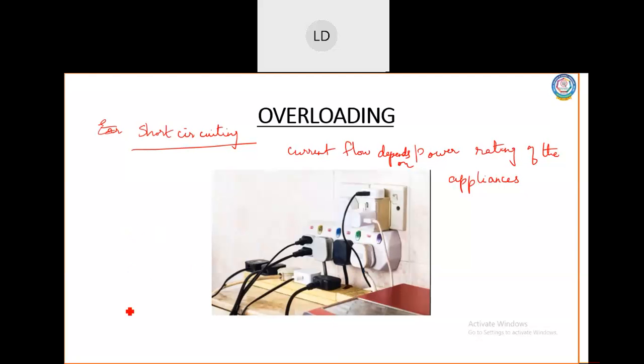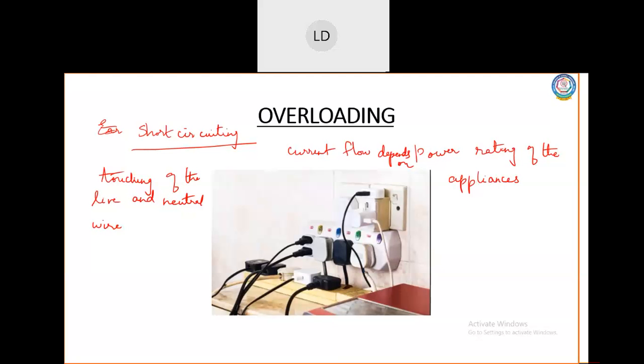Short circuiting is nothing but the touching of the live and the neutral wire directly. There will be insulation, but if the insulation is torn, the live wire and neutral wire touch. This is what you call a short circuit.